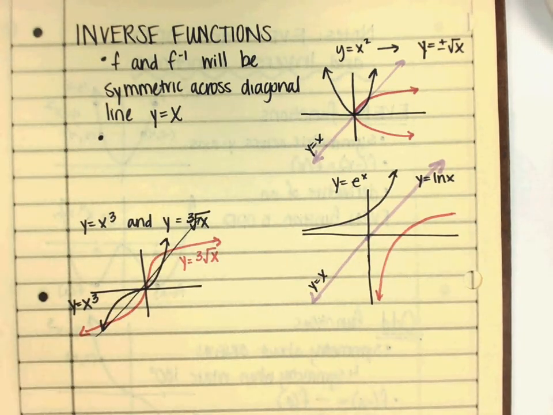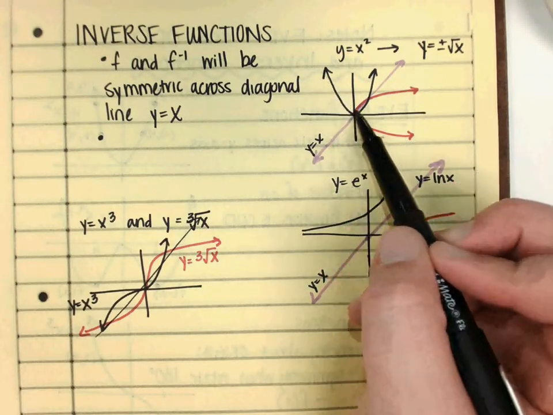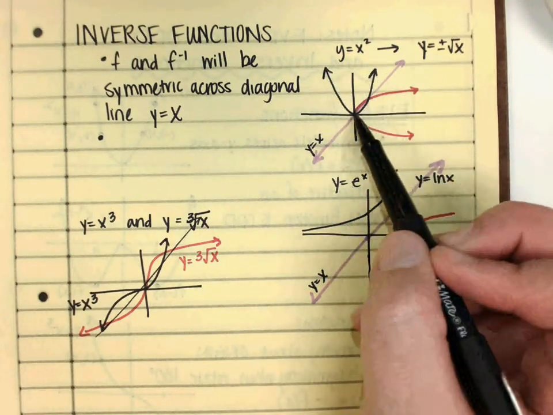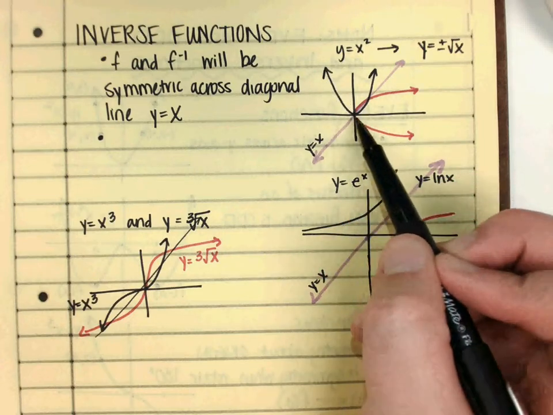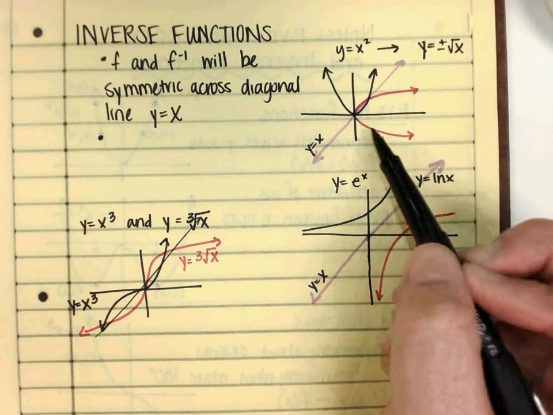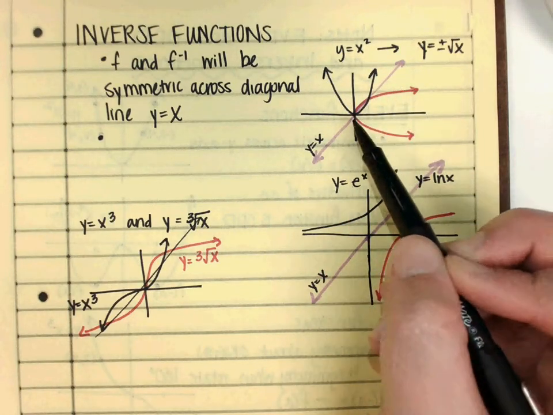Okay, what else do you remember about inverse functions? Anything else? Specifically about their domain and range. All real numbers? Okay, hold on. What is the range of the black parabola? 0 to infinity. What's the domain of the red parabola? 0 to infinity.